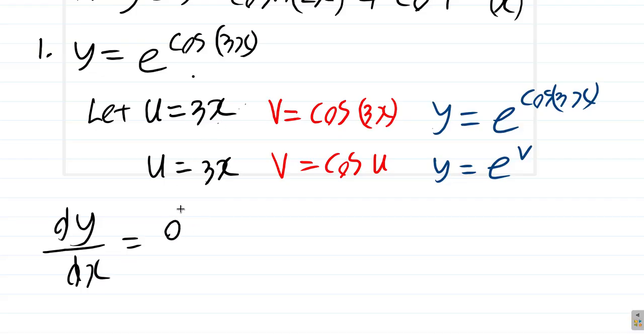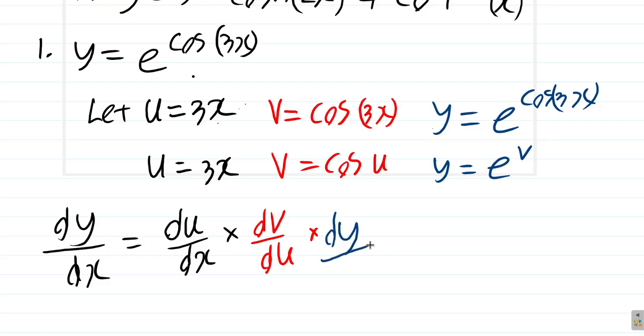So this is du by dx times, then you could find dv by du here. dv by du times, what could you find now? dy by dv, because you have y in terms of v. So you can find dy by dv. Alright.